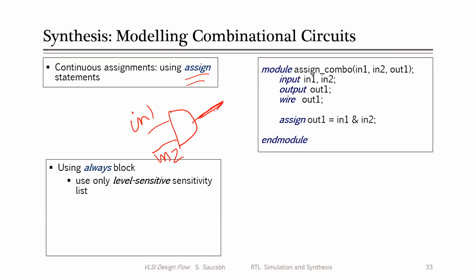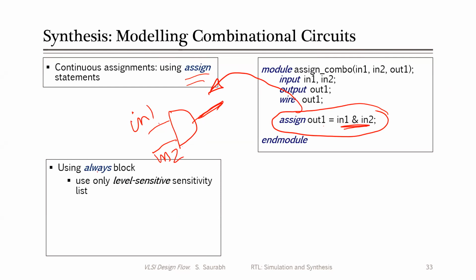In the subsequent slides, we are discussing synthesis of RTL constructs, so we'll be looking at various RTL constructs, for example this one, and how it will get transformed to a circuit, right? So if you write something like out1 is equal to in1 and in2, then it will get transformed to an AND gate, because of this operation, right?